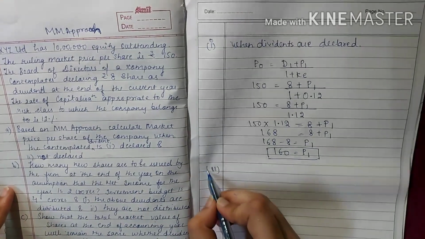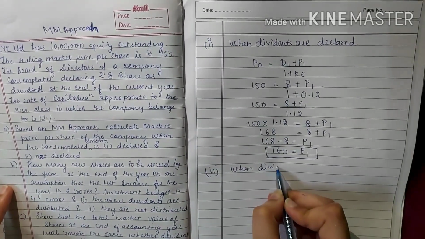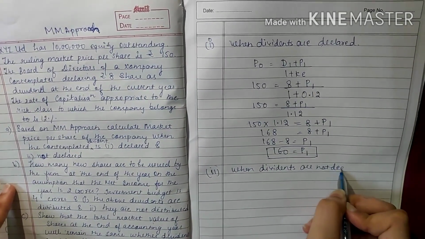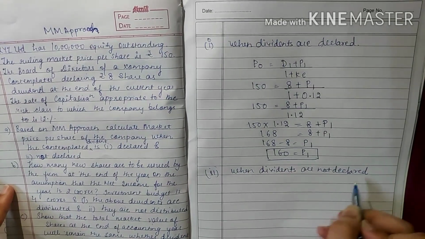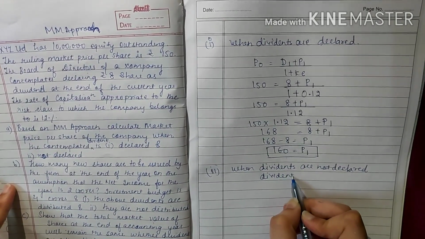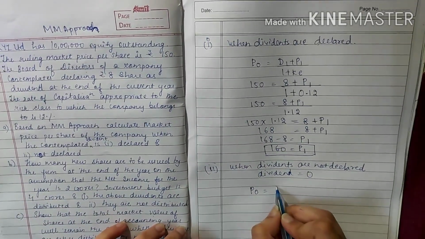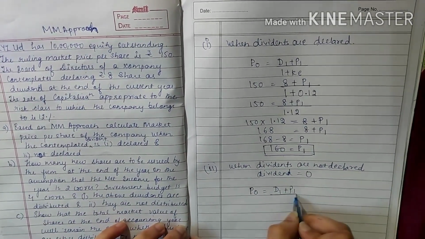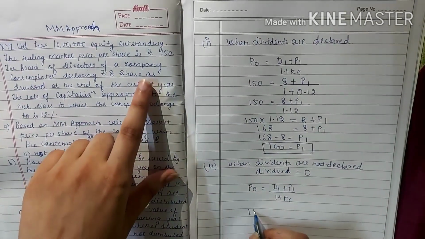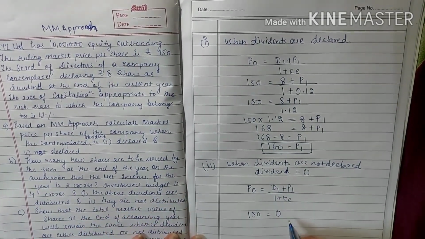Now when dividends are not declared, in this case dividend will be equal to 0. So again using the same formula, D1 plus P1 upon 1 plus KE. P0 is 150, dividend is 0 because dividends are not declared.